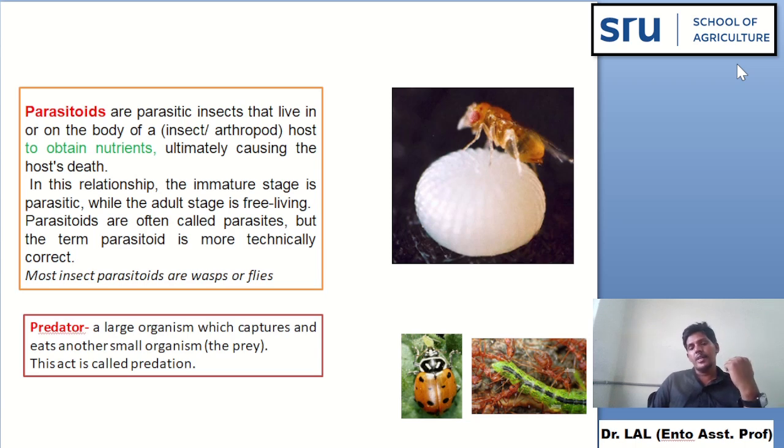Then what is a predator? A predator is a large organism which captures and eats another small organism, that is the prey. The action of a predator on prey is predation.